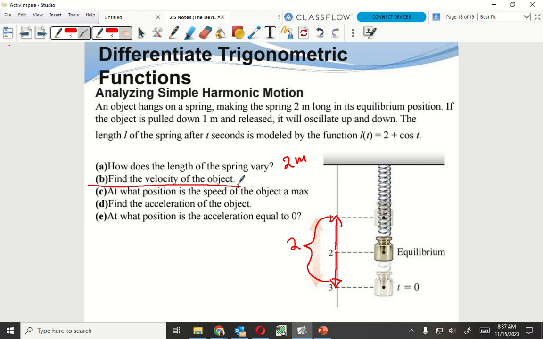At what position is the speed of the object max? Think of those parabolas that we did when we're driving. We throw something or kick something, like a football.